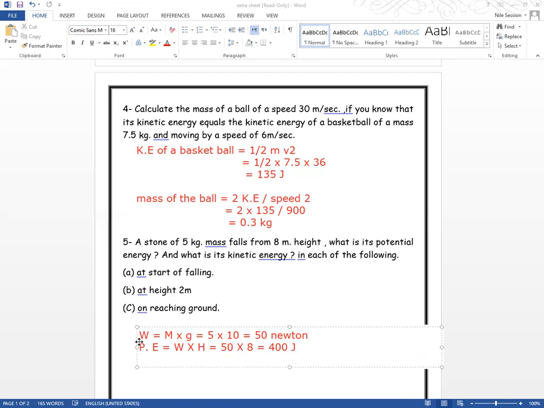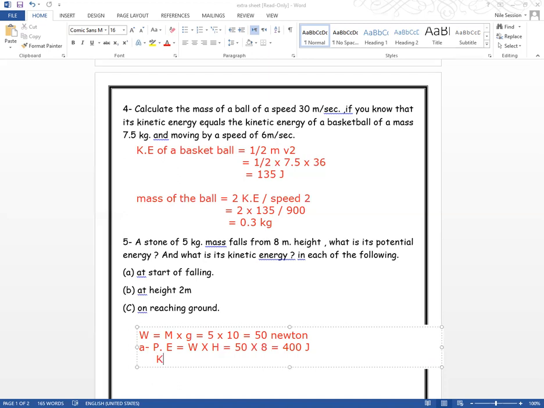Okay, this is number A. And we also need the kinetic energy at the starting point.